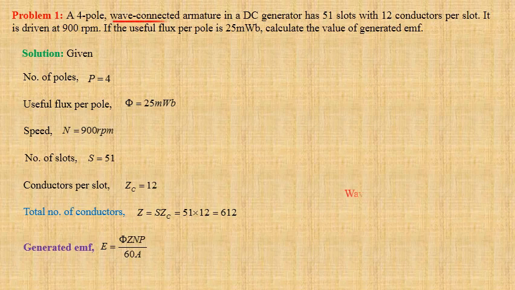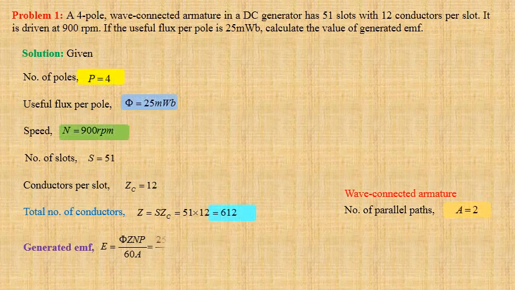For a wave connected armature, the number of parallel paths A equals 2. Therefore, generated EMF E equals 25 into 10 to the power minus 3 into 612 into 900 into 4 divided by 60 into 2. That gives us 459 volts.